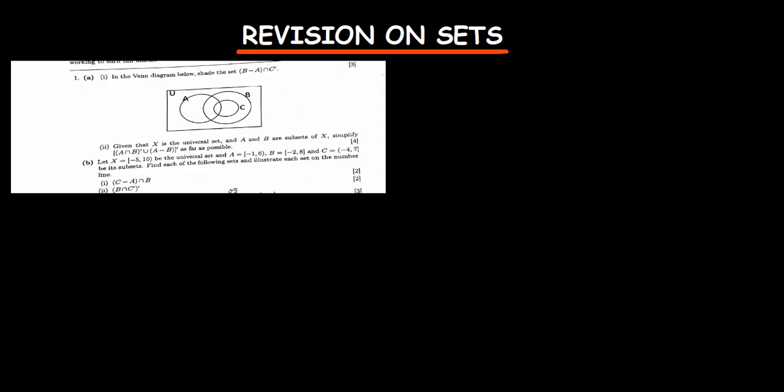The question says, given that X is the universal set and A and B are subsets of X, simplify what you've been given as far as possible. Simplify that which you've been given in that question.